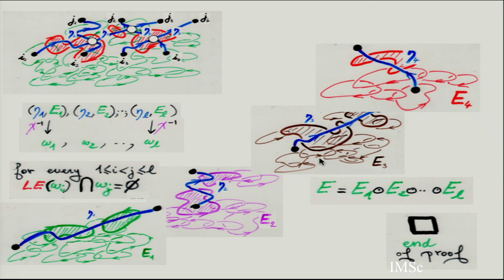Because your path, which is here, why can they intersect? If there is some cycle which is there, that would have already been pushed down. Because this cycle here, for example, maybe can be above this cycle. Suppose this cycle here can be above this one, and when you push, it stays above.